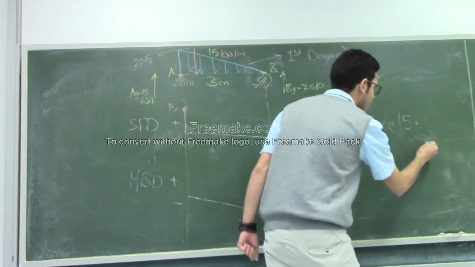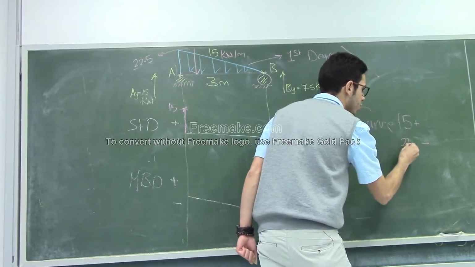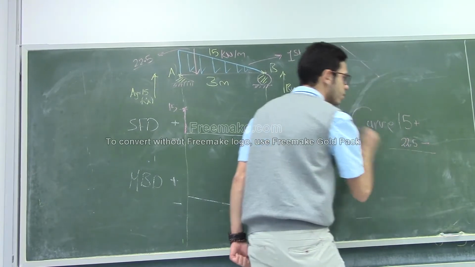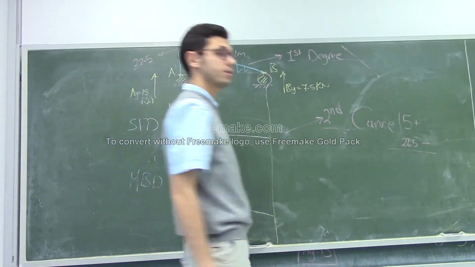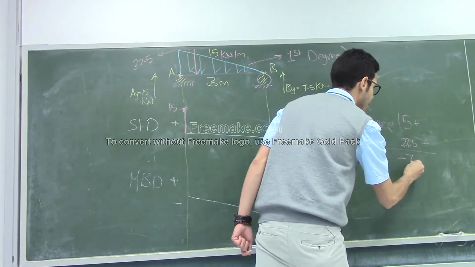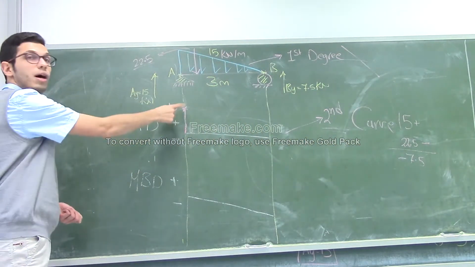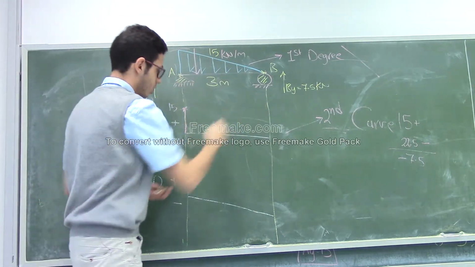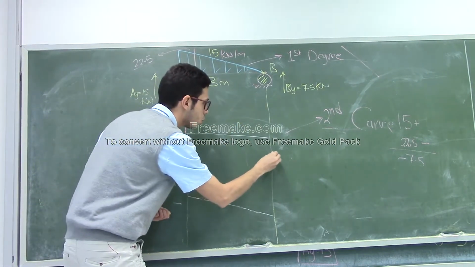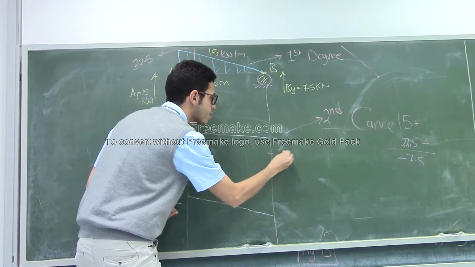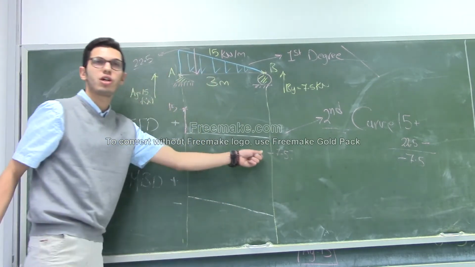So minus 22.5, the result is minus 7.5. So I should finish here, which means minus 7.5.